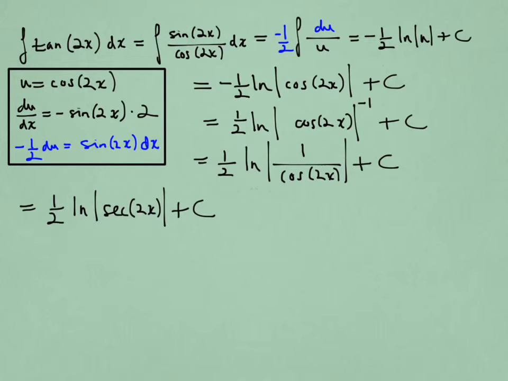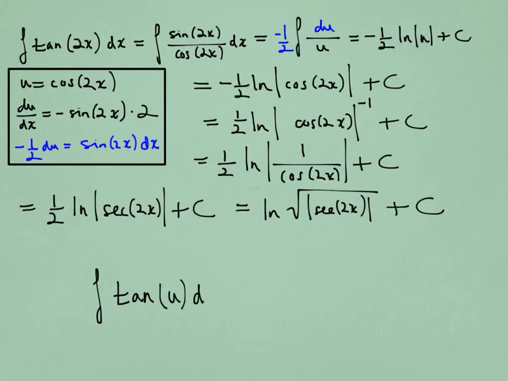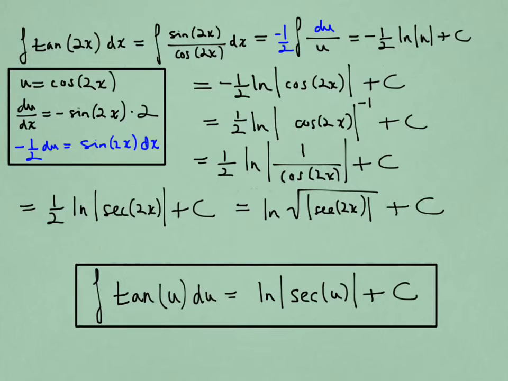It's the secant, so instead of 1 over cosine, I've written that as secant of 2x. We can do the same thing. The 1/2 is really an exponent of 1/2, which is just a square root, so we might write this as the log of the square root of secant. And in fact, this is fairly common that we want to integrate tangent, and it turns out the integral of tangent is the log of secant.